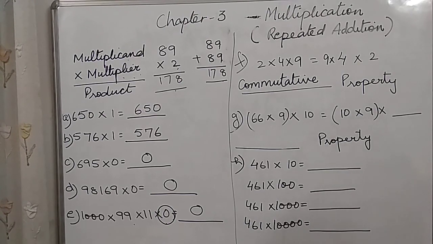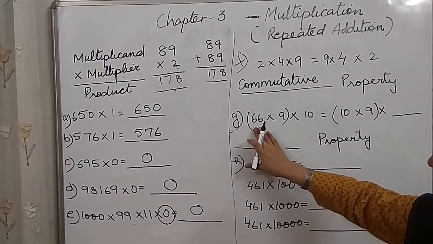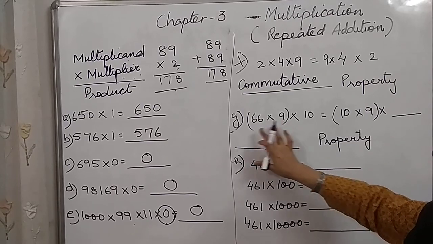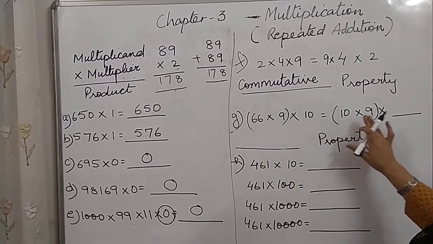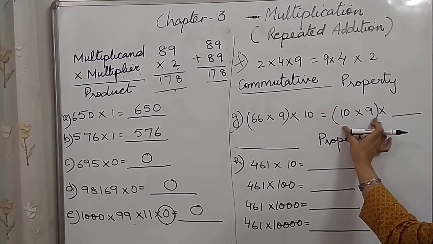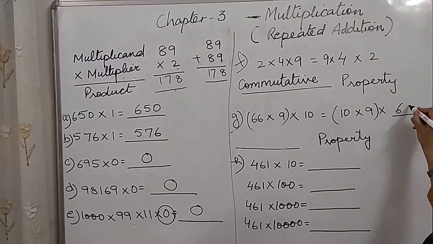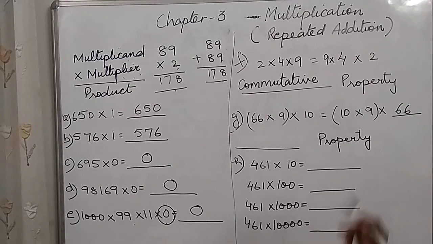Now, next question. 66 multiplied by (9 multiplied by 10) is equal to 10 into (9 multiplied by 66). This is the missing number.